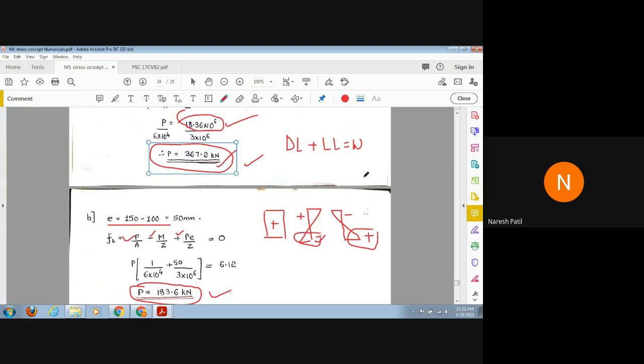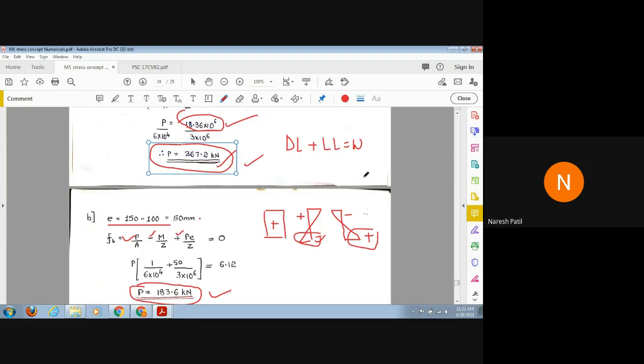So we have two conditions. You provide the cable in the center, that is concentric, or you provide the cable with some eccentricity. So how much difference will there be in the pre-stressing force in both conditions? Because of the location of the cable, what is the difference in the pre-stressing force required to balance dead load and live load?